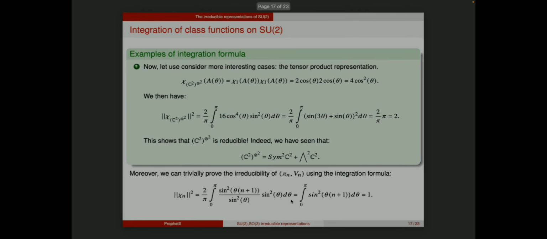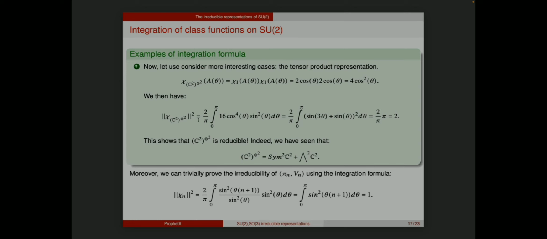Okay, so we want to see something deeper. And something deeper is that we claimed that the tensor product representation of C squared with itself is not irreducible. Well, to see this, we first compute the character of this. The character is simply 4 cosine squared of theta.